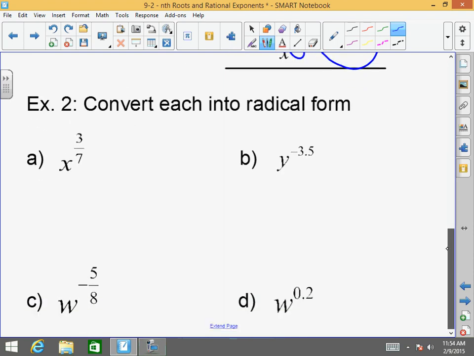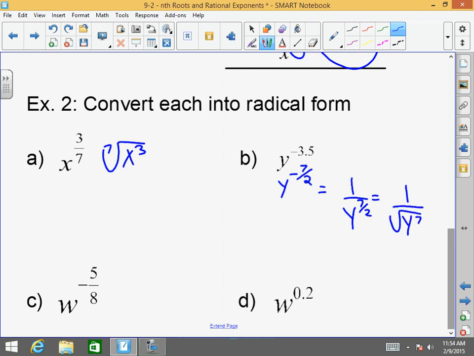Okay, let's convert each into radical form. X to the 3/7 is the 7th root of x cubed. Y to the negative 3/5. What I'm first going to do is I'm going to say, okay, this is y to the negative 3.5, which is really y to the negative 7/2, right? Which equals 1 over y to the 7/2, which equals 1 over the square root of y to the 7th.